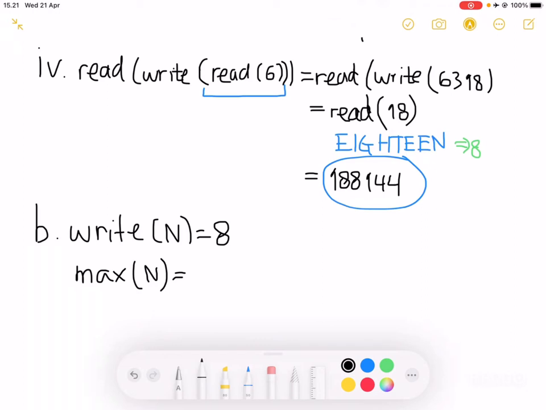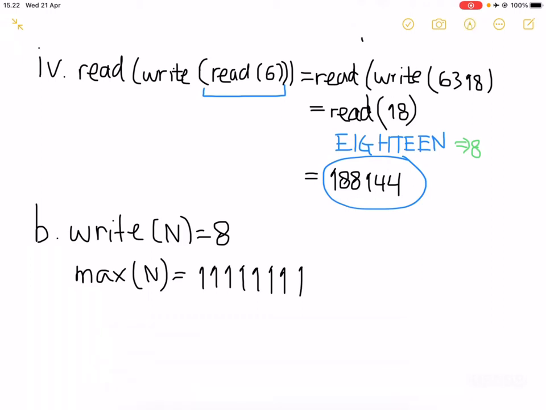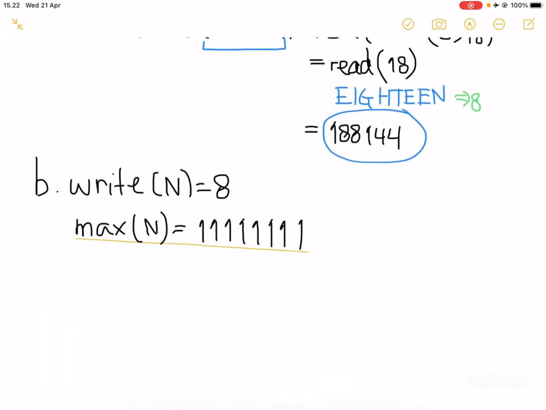So the number with 8 digits that satisfies write of n is equal to 8 will be this number there. So it will be 11,111,111. And you can check that no other possible solution n is bigger than that.